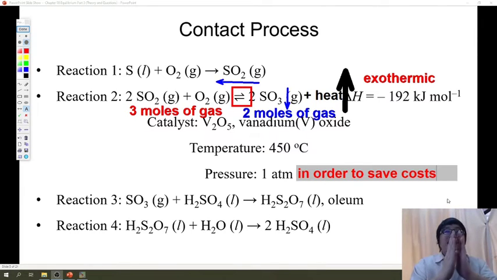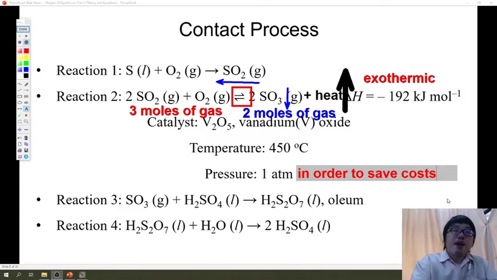So in order to save cost, they realized if they put it at 1 atmospheric pressure, yes, they will get a little bit less SO3, but the cost of making the container is a lot cheaper. And there is no need to force the reaction to move to the right, because in this reaction the equilibrium actually lies more to the right. When they reach equilibrium, there are more products than reactants.